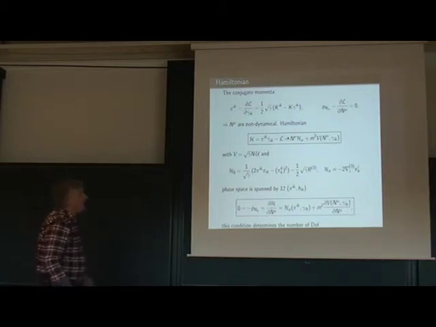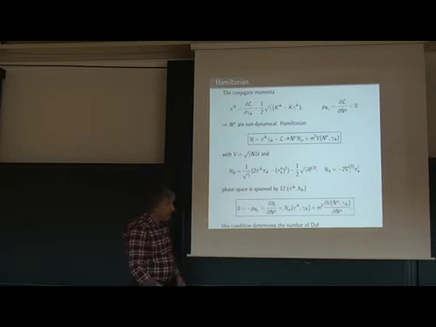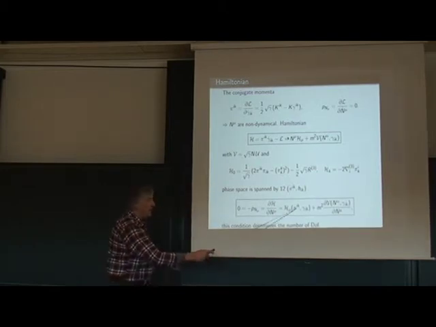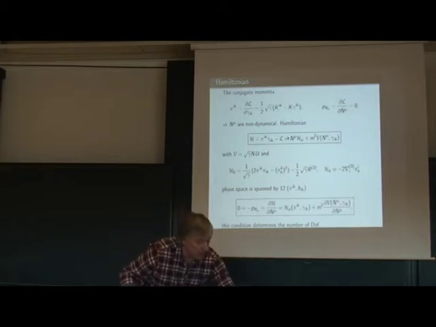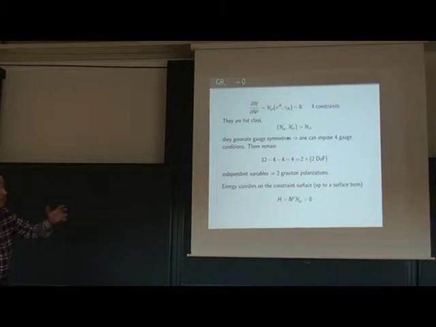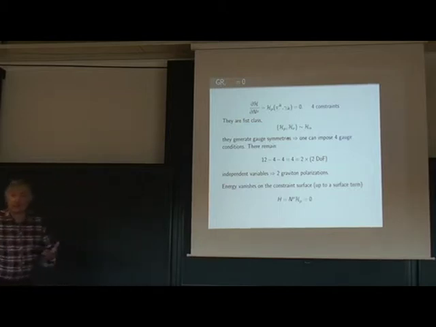This is important. So first, let's see what happens if you choose m to be 0. If m is 0, then we are back to GR. And in this case, we have four vanishing quantities, and they depend on p and q, and therefore these are four constraints. If one computes the mutual Poisson brackets, one discovers that they form an algebra, and therefore they are first-class constraints, which are generators of diffeomorphisms, of symmetries.